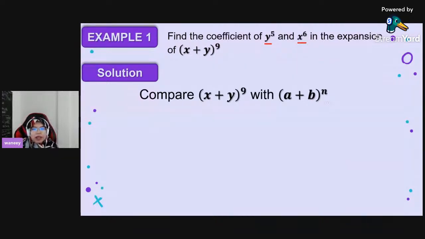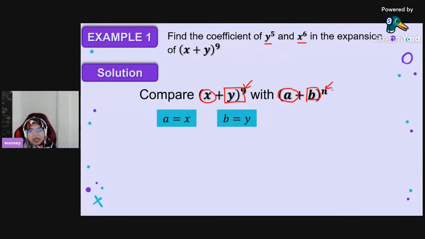Okay, so I'm going to compare them first with (a + b)^n because the formula for T(r+1) is for (a + b)^n. If you compare them, you should be able to see that x is a, y is b, and n is 9. So you can easily compare them: a is x, b is y, n is 9.